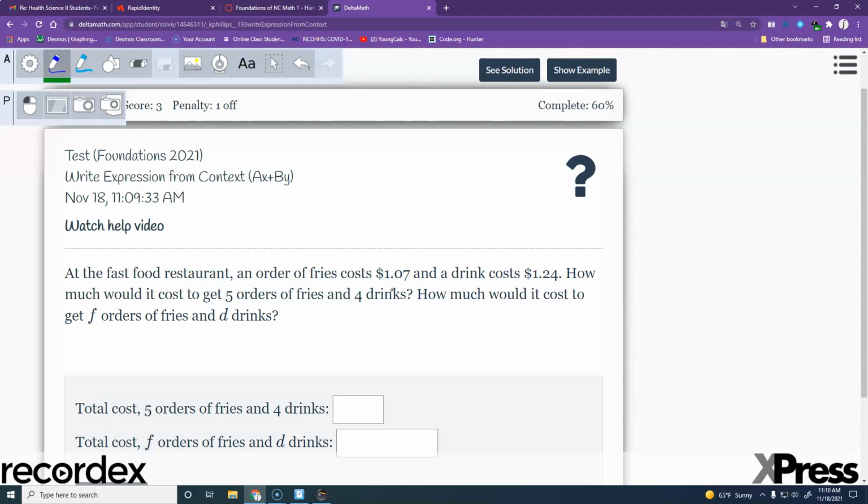So we'd have $1.07 times 5. And then we get 4 drinks. So $1.24 times 4. Alright, so if we do that, we get $10.35.